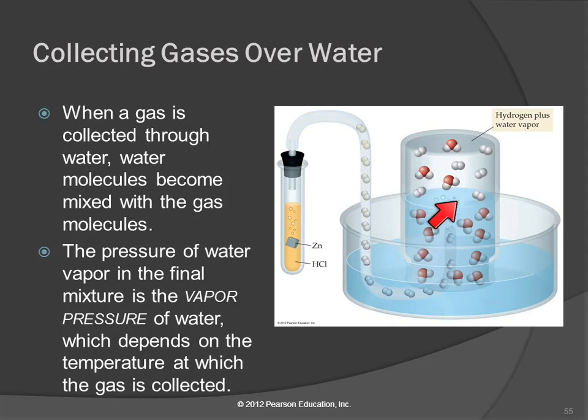And if you're interested about that, I'll explain it to you during lab. We'll also talk about that in another chapter. But the partial pressure of the water above the water surface here is going to be dependent on the temperature at which we collected that gas. So the total pressure up here is going to equal the hydrogen pressure plus the water vapor.